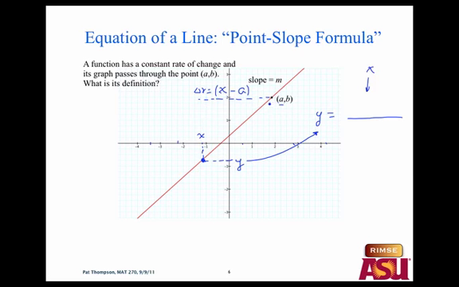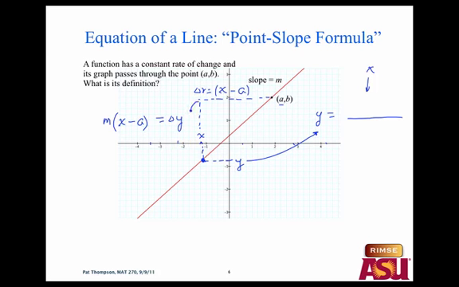And we said if it's a constant rate of change, then changes in y are always a constant multiple of their corresponding change in x. And what is that constant multiple? Well, we saw that that's just the slope. So the corresponding change in y will be m times (x minus a).